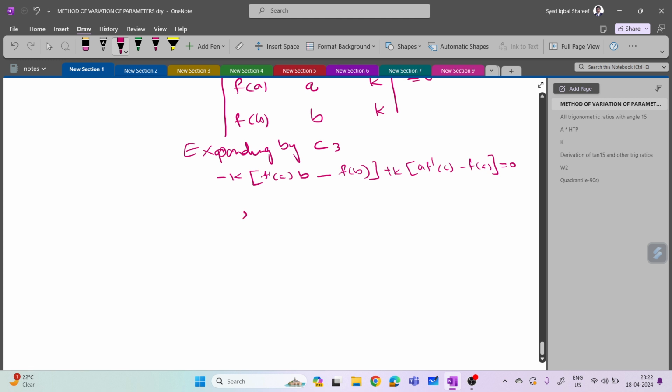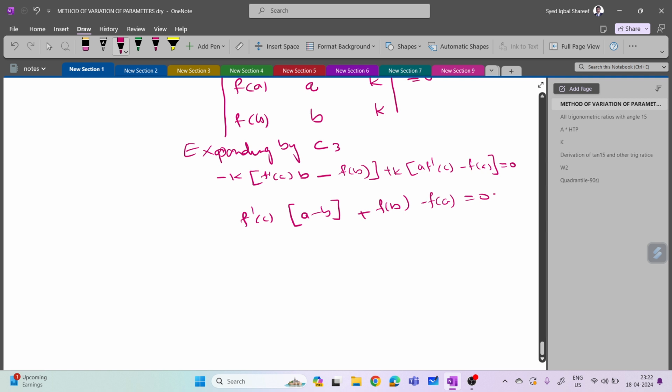Now if you take f dash c common, this is a minus b, minus into minus plus f of b minus f of a equals 0.